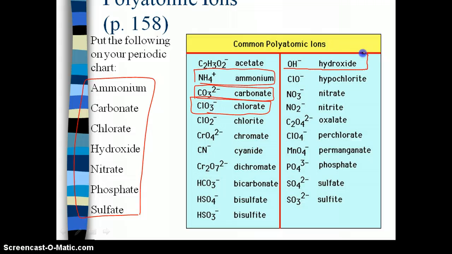Hydroxide, OH, is -1. Nitrate, NO3, -1. Phosphate, PO4, -3, and then sulfate is SO4, -2. So you can put those on your periodic table.